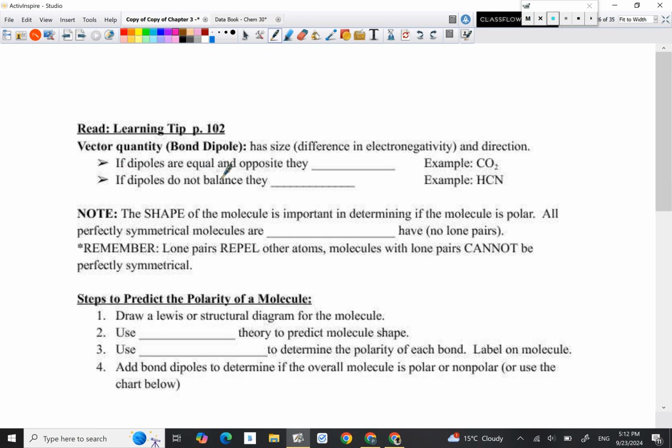If dipoles are equal but in opposite directions, they're going to cancel. And if the bond dipoles don't balance, or if they point in the same direction, they're going to add together.